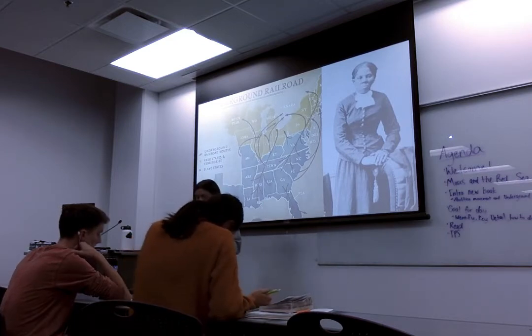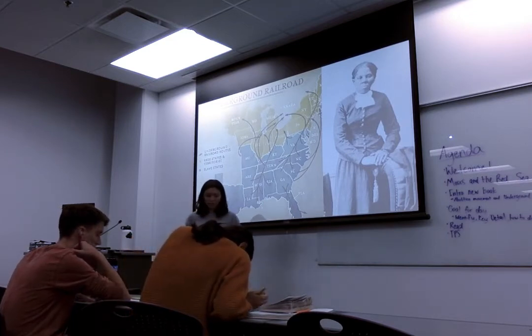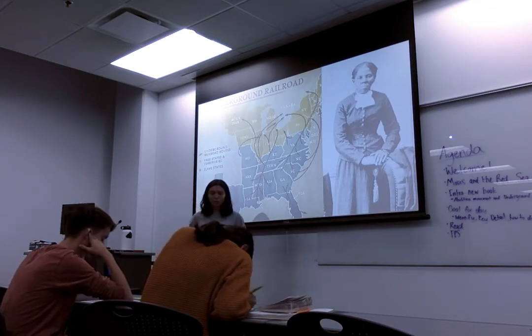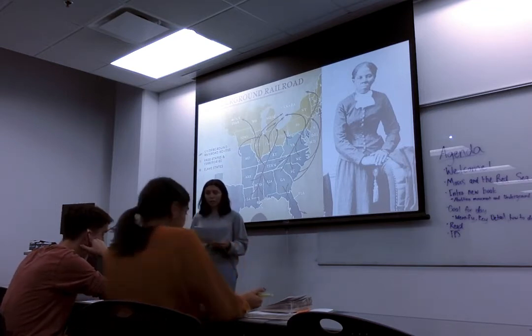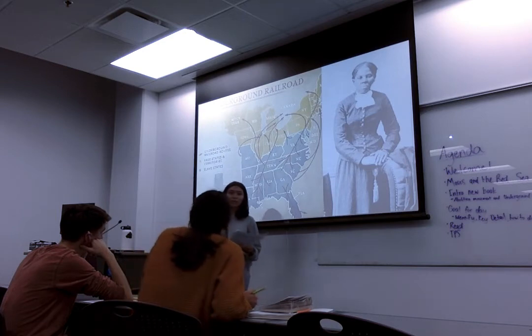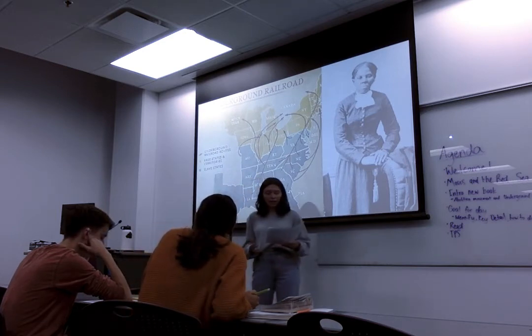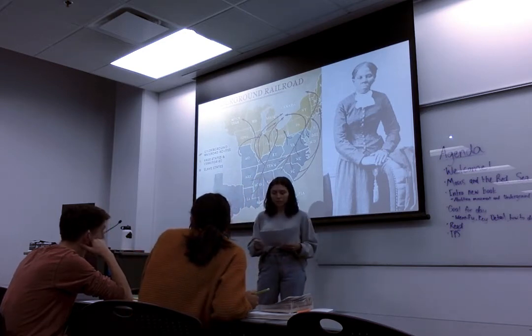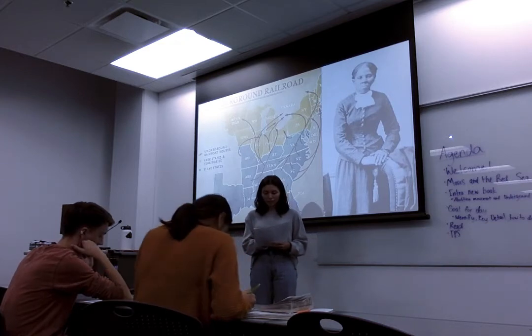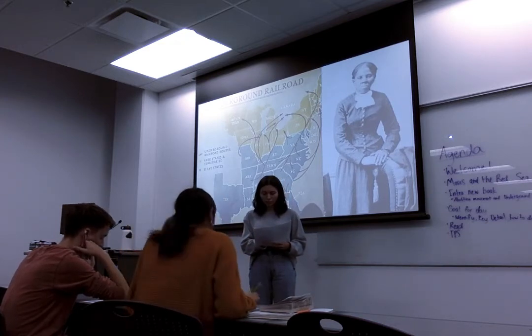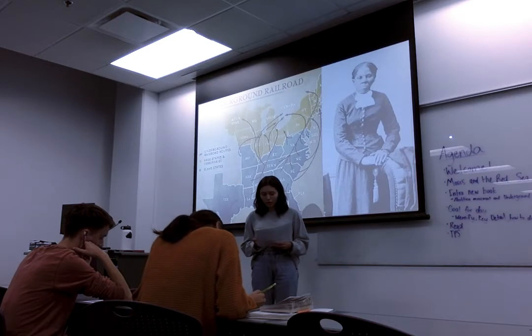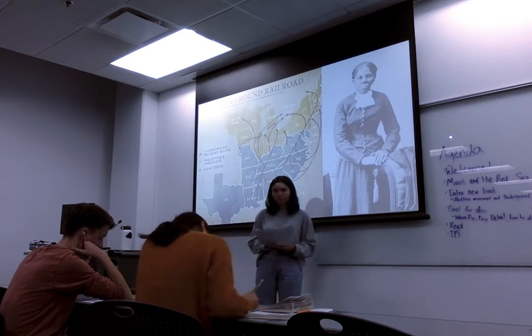I would like you to read the next two paragraphs on your own, and while you're reading, underline what you believe to be key details, and be thinking about why they are key details, why it makes sense to you. After that we're going to discuss. Just read the paragraph that starts at girls were not worth much, and ends with the subject of freedom, just as it always did. Go ahead and do that.